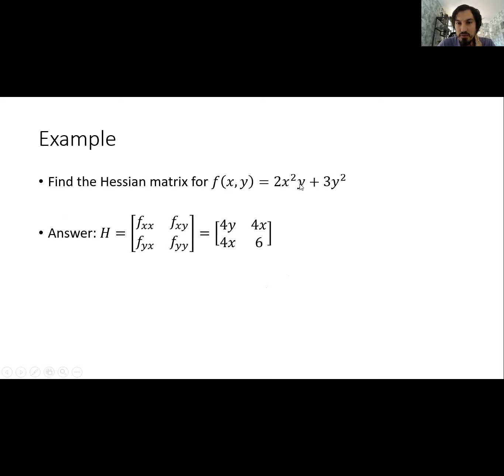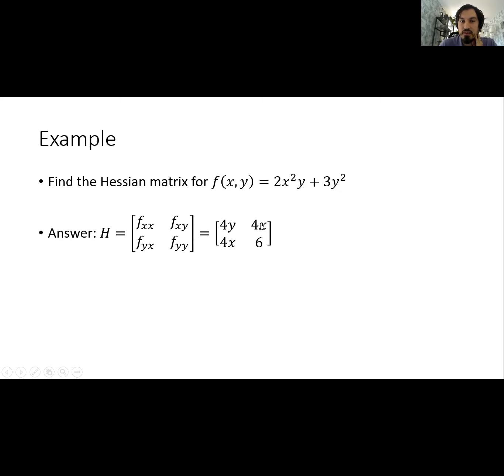Here's a function, 2x squared y plus 3y squared. What's its Hessian matrix? Remember, for a 2 by 2, it's just this matrix of partial derivatives written here. You should be able to read this as you take the function f with partial derivative with respect to this first subscript x, and then again with the second subscript x. That's how you should read that. And you get 4y for fxx.